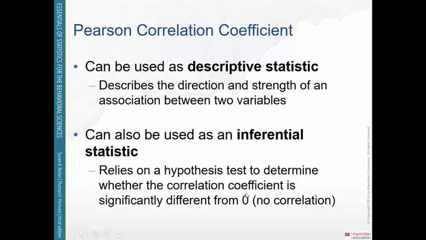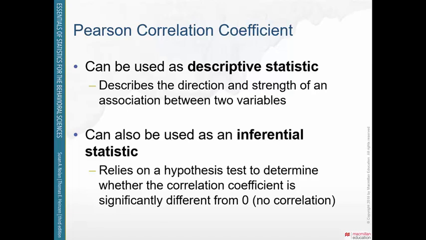And is the correlation coefficient in the population likely to be different from 0, meaning there's no correlation? So we're going to go through the steps of a hypothesis test, which we've done many times at this point, but now we're going to do the hypothesis test for a correlation.